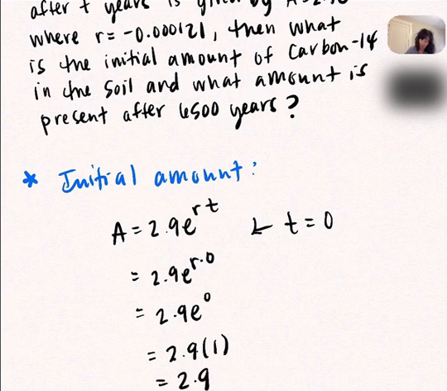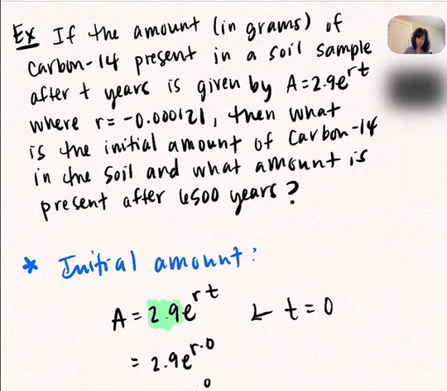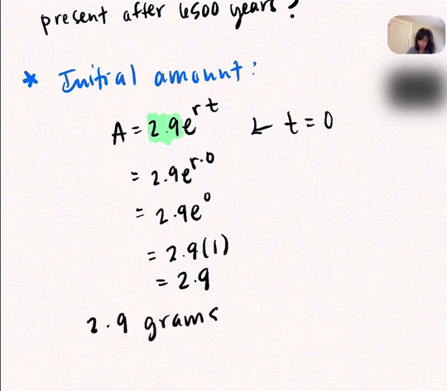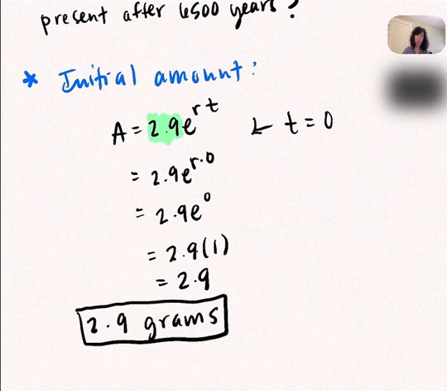As I said earlier, the number in front of the e to the rt is always your initial amount. We're measuring carbon-14 in grams, so our initial amount is 2.9 grams. That's how much carbon-14 we start out with.